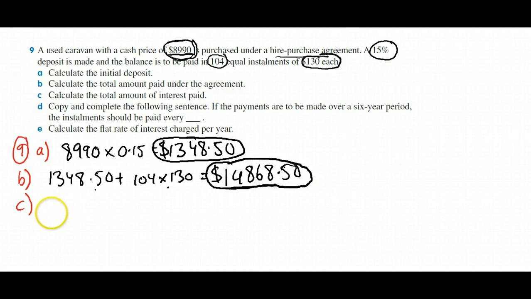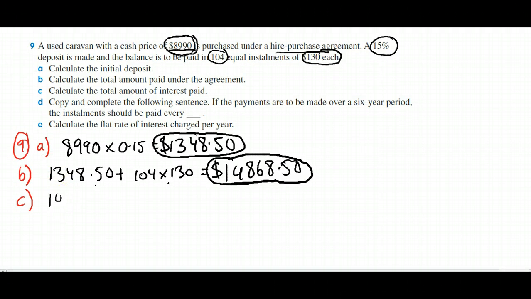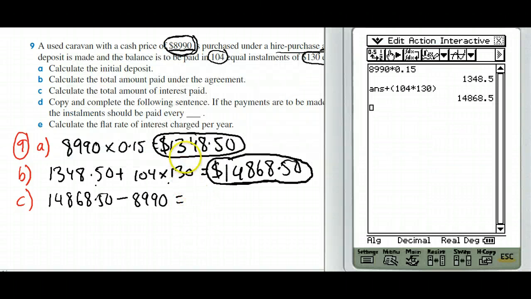So we've got to calculate the amount that we will actually pay, and minus away from that the cash price of the caravan, and what's left over, the difference, will be the interest payment that was made.